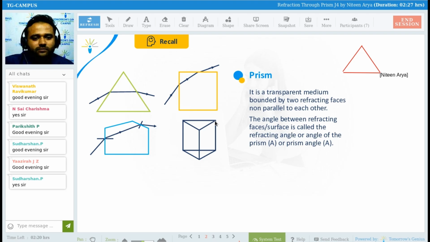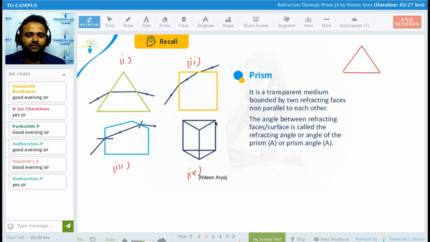We have a first picture, a second, a third, and a fourth. In general, the prism looks like this: three rectangular sheets joined in this way, a first rectangular sheet as the base, another like this, and another like this.